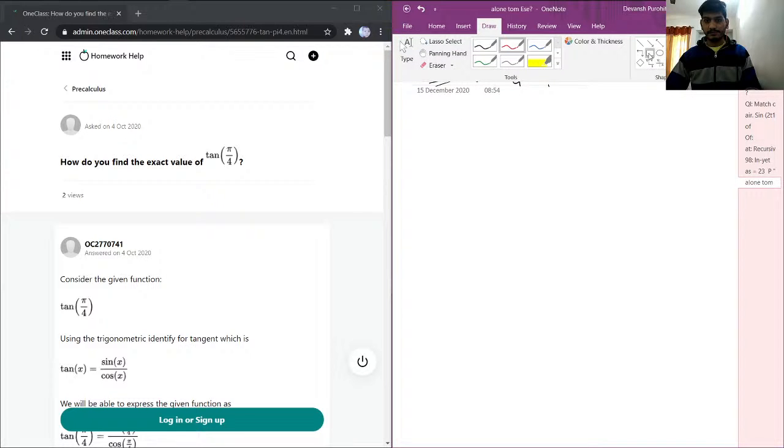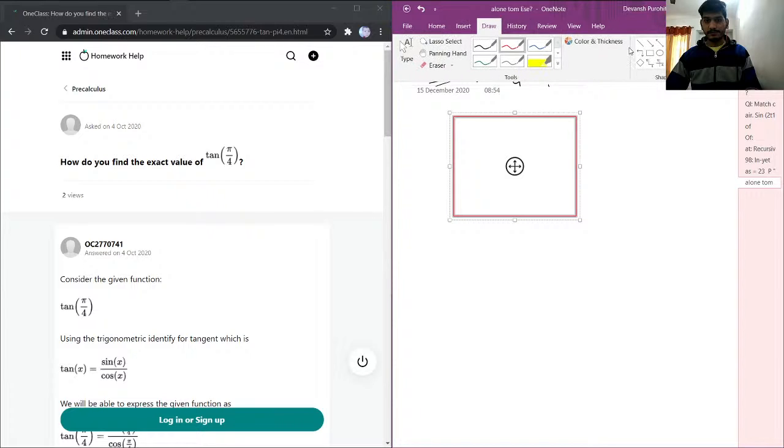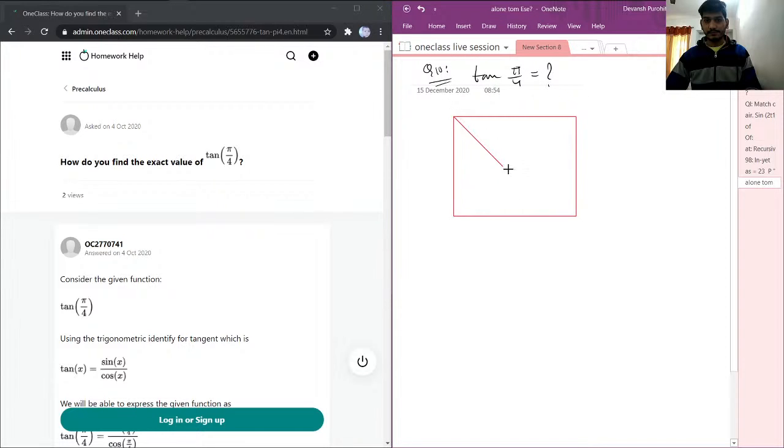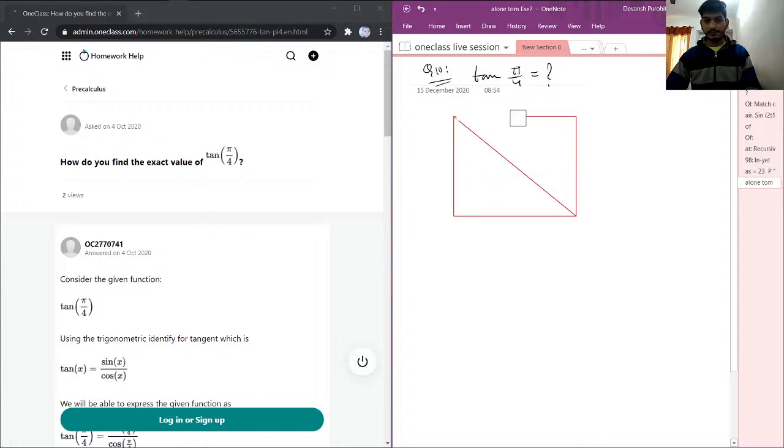So if I draw a square, then if I draw one diagonal of this square, then I will erase this part. Then I know that this angle will be 90 degrees, this will be 45 degrees, and this one will be 45 degrees.